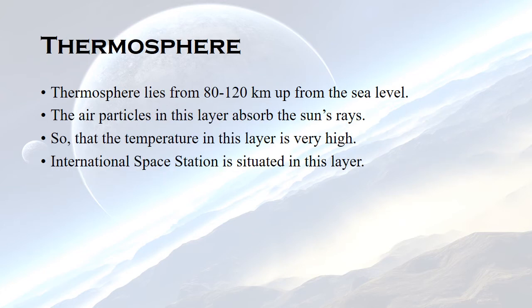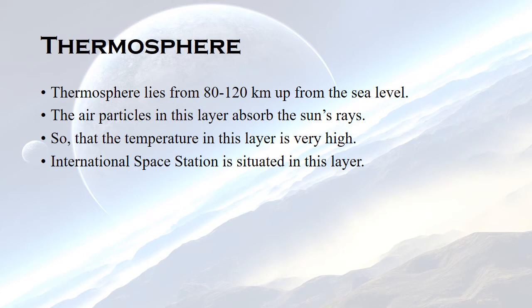Next layer is the thermosphere. This is the fourth layer of the atmosphere, found above the mesosphere and below the exosphere. And this extends from 80 to 120 km up from the sea level.